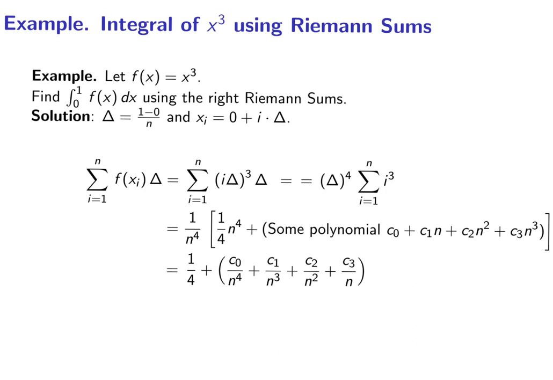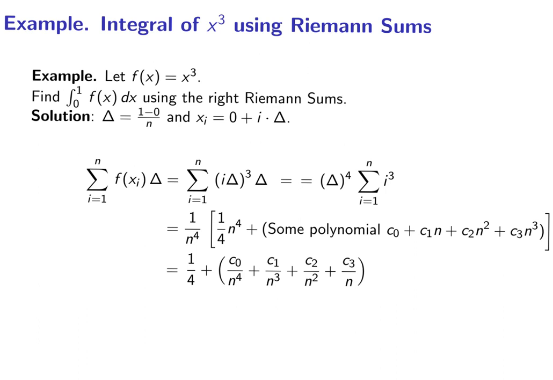Now, delta does not depend on the index of summation i, so we can pull delta raised to the fourth power outside of the summation. So we have only i cubed inside of the summation. So we are adding 1 cubed plus 2 cubed plus 3 cubed plus so on plus n cubed.